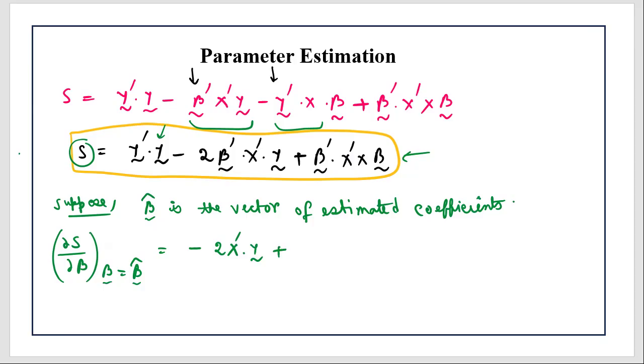Plus, here you have beta curl 2 times. Beta curl transpose into beta curl will be treated as beta curl squared basically. So it will be 2 times beta curl cap, and then you have X prime into X. Can you see this thing? Please try to observe this well, and then we will set it equal to 0.